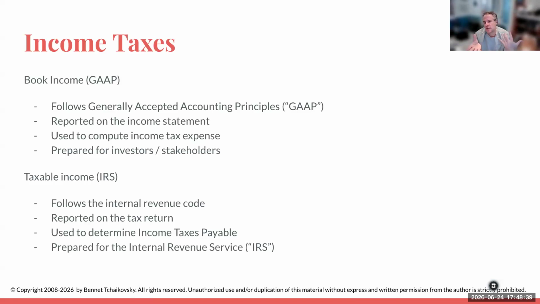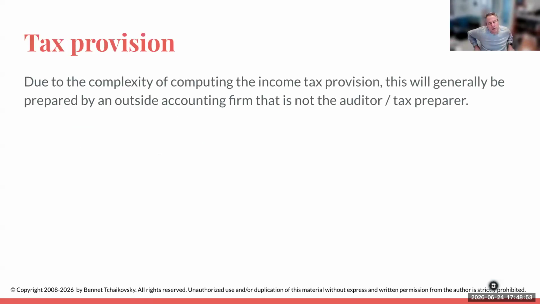So we're going to have differences between book income and taxable income. And the way we're going to classify these is: are these permanent differences or temporary differences?